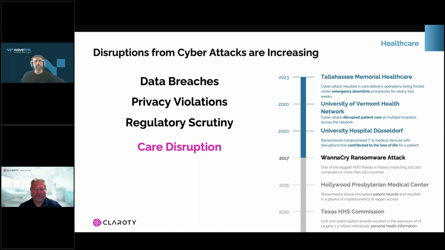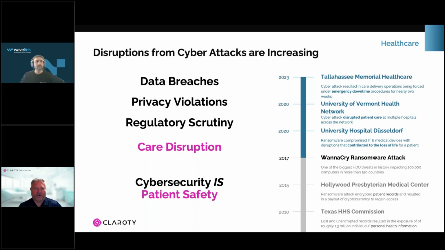So the ability to move across environments and jump from IT into OT environments, east-west movement, was key, and that's what we started to see. So that's caused a situation where we now know that cybersecurity is basically patient safety. So we've moved away from it being all about data and moving into what do we do to protect our patients from potential risks of cyber attacks in those environments.